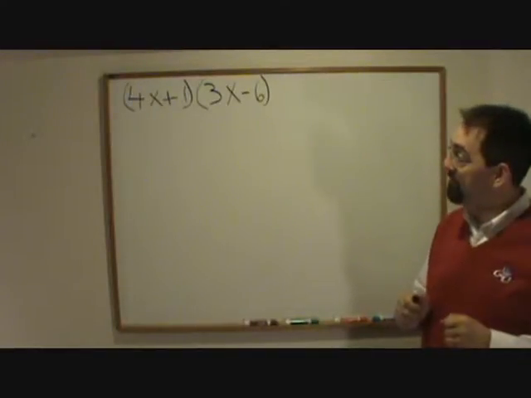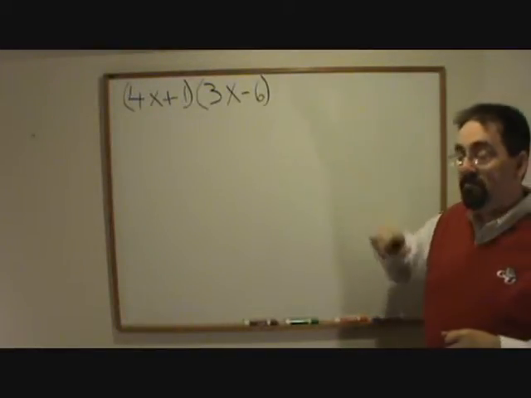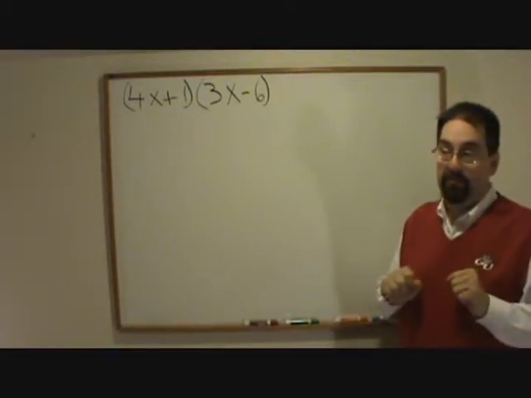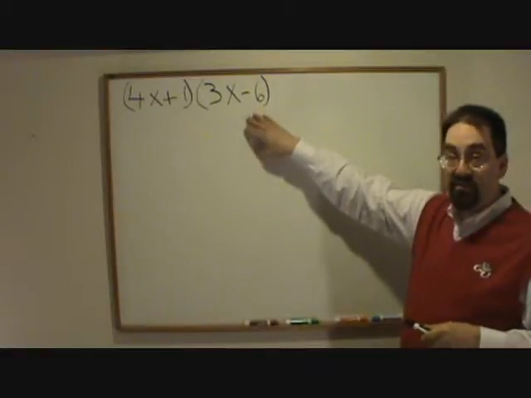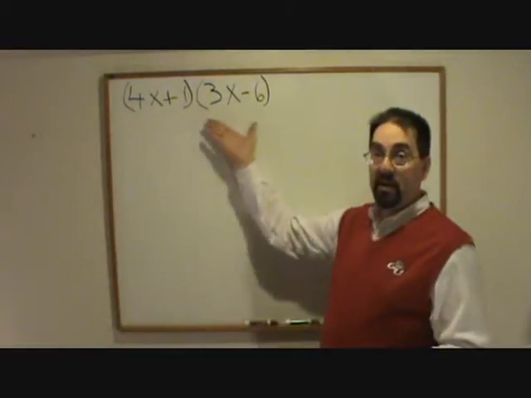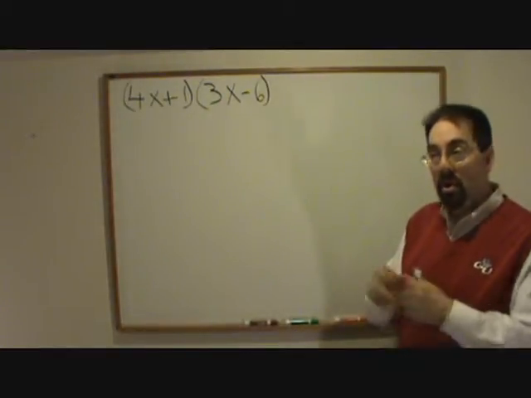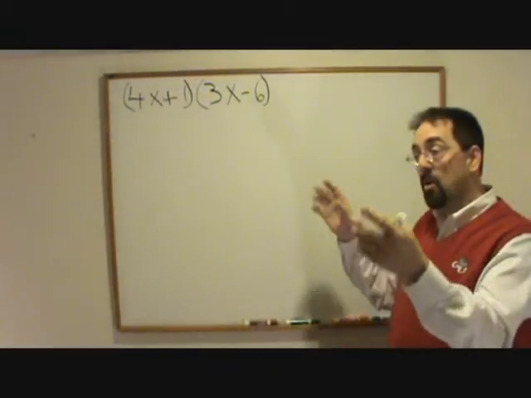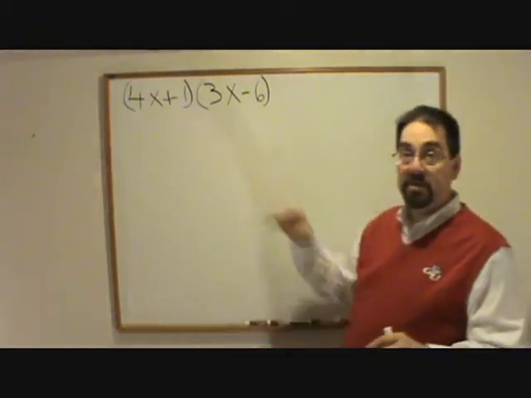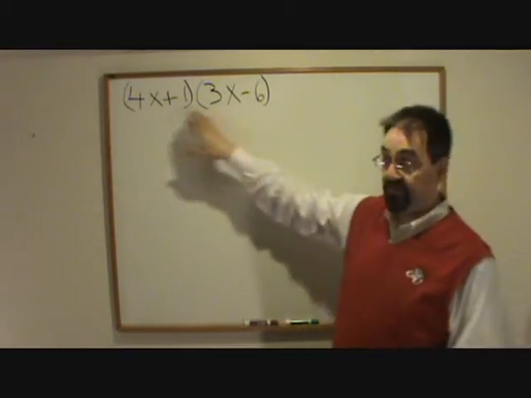The next couple of lessons we're going to be focusing on simplifying. So, the objective for today: I can simplify given some sort of factors or equation or terms or product of terms.